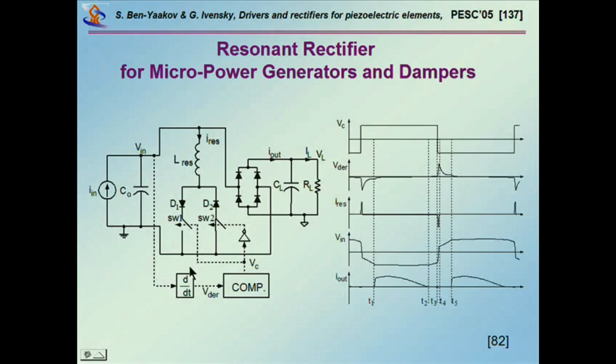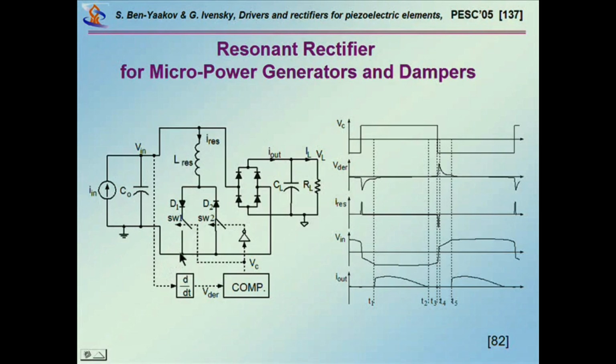Now here is a way to overcome this problem. The idea here is that we are not using this small generated current for the purpose of commutating the capacitor.